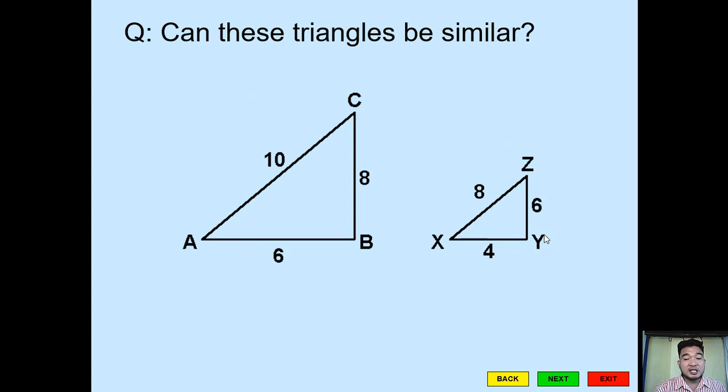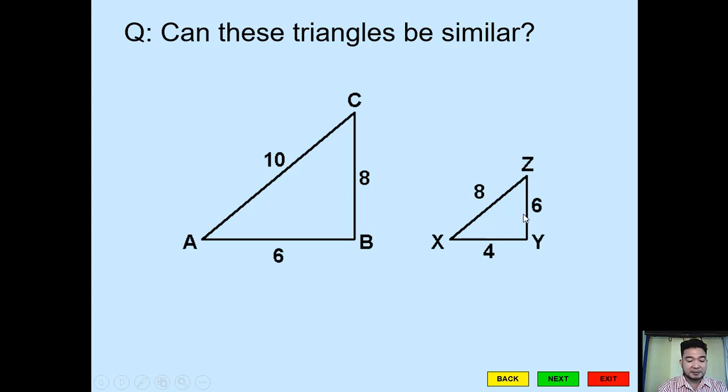Can these triangles be similar? So as you can see, we have here 10 and 8, then 8 and 6, then 6 and 4. Let us try. 10 divided by 8 is equal to 1.25.